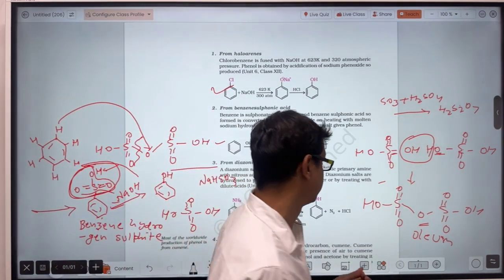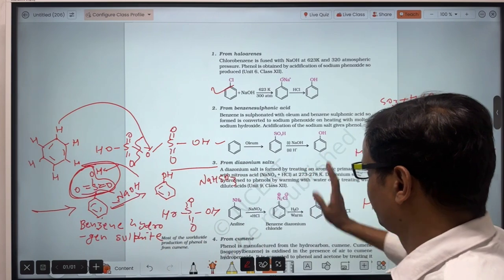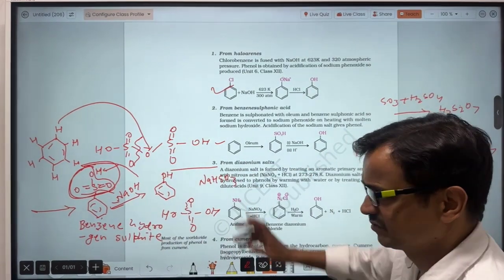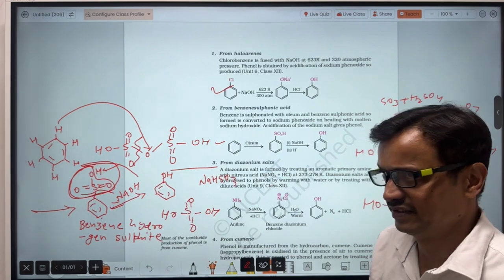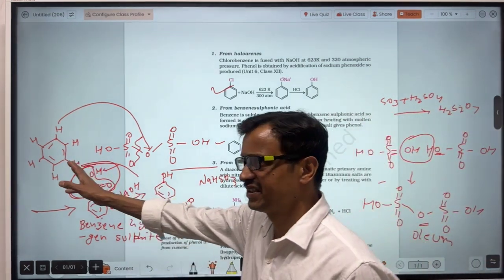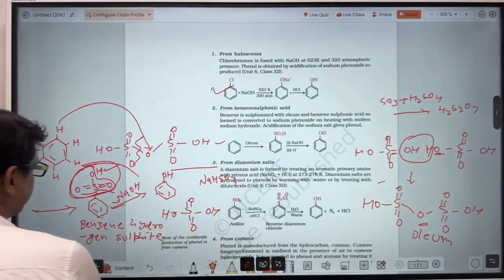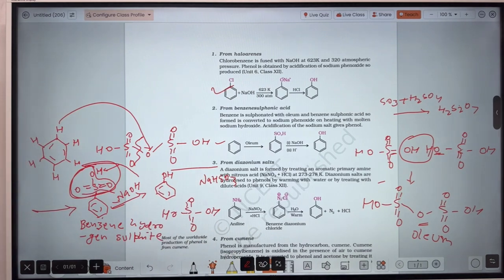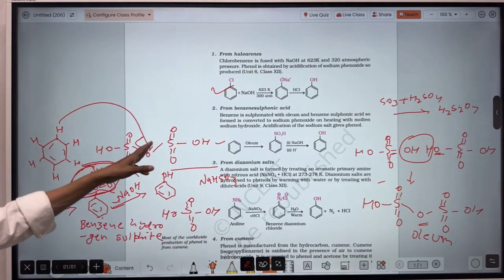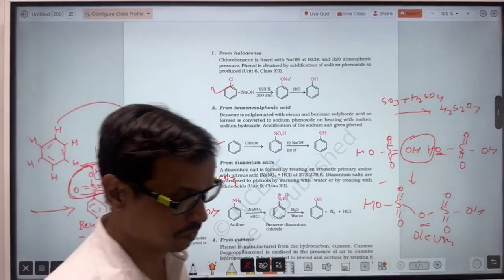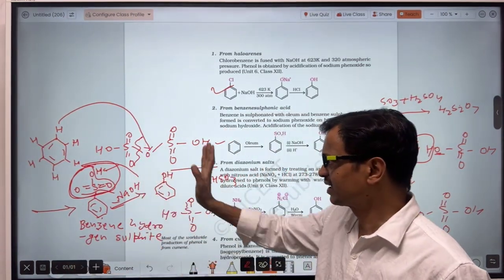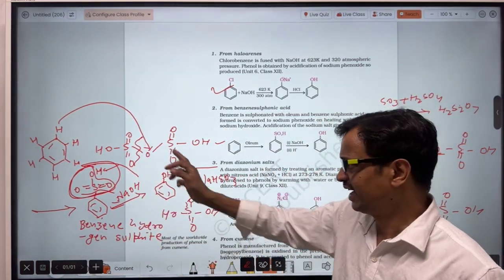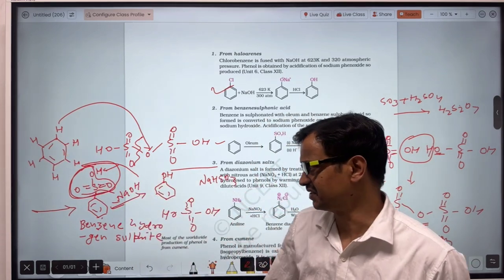So how do we prepare phenol from benzene? Benzene is treated with H2S2O7, that is oleum. Of that benzene, one hydrogen gets combined to the oxygen through which the two sulfurs were bonded. So one part is converted into H2SO4 and SO3H gets bonded to the benzene.